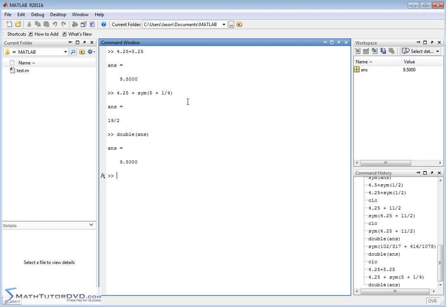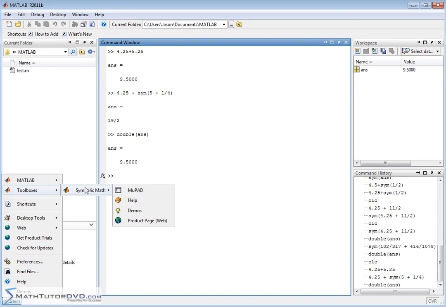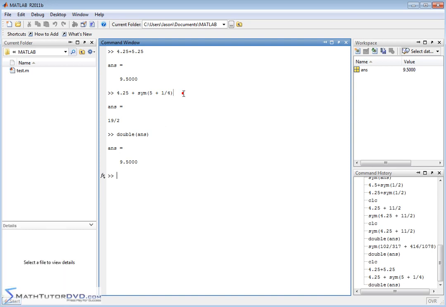But more importantly than that, this whole symbol thing, it's not just applicable to fractions. I mean, don't you think it'd be a little silly for them to give you an entire symbolic math toolbox just to deal with fractions? I mean, of course not. Symbolic math goes way beyond this. Symbolic math in MATLAB is going to let you do things like simplify polynomials, like do synthetic long division of algebraic expressions, and keep the answers in algebraic form.